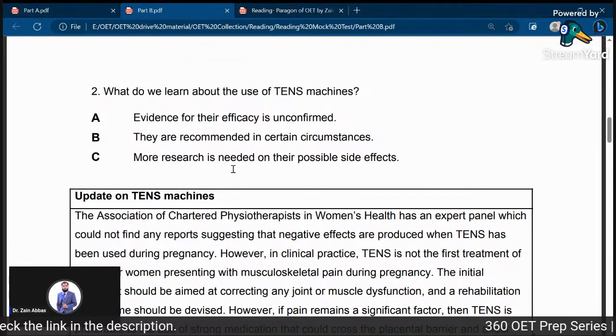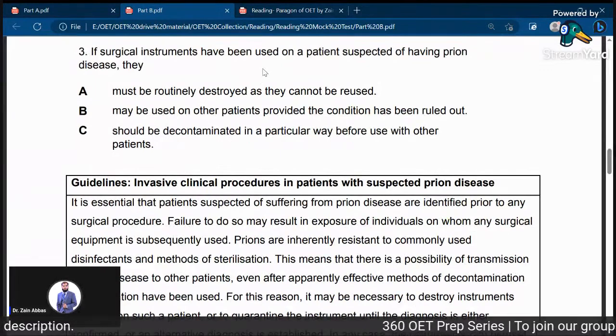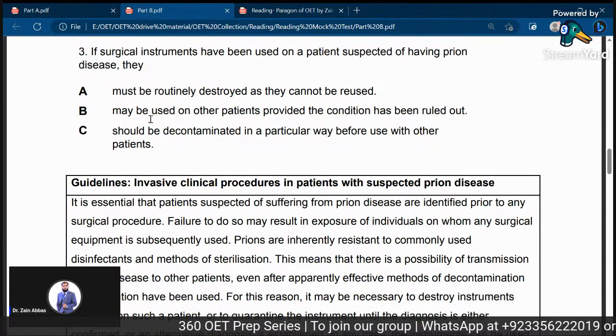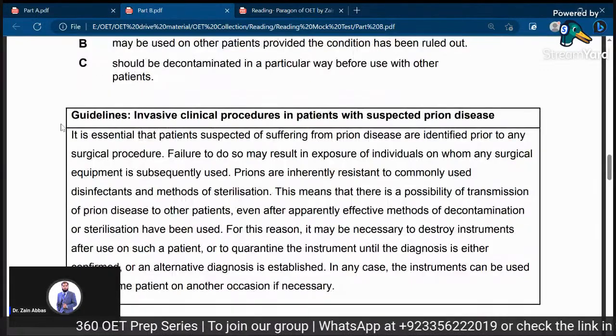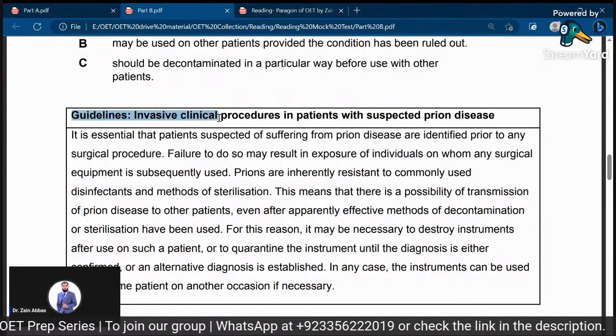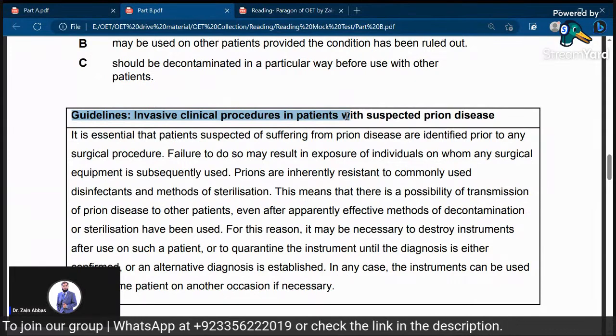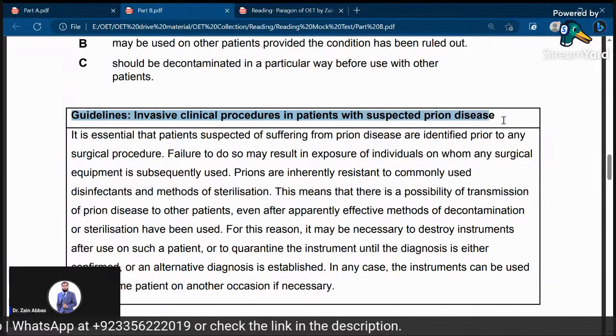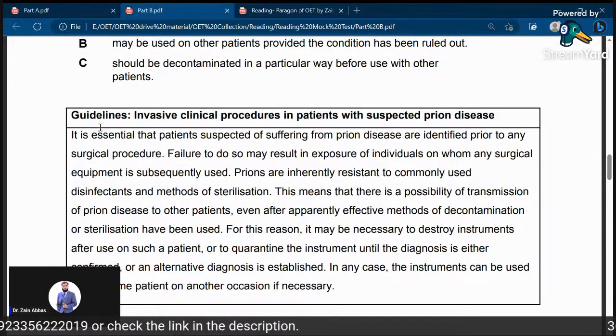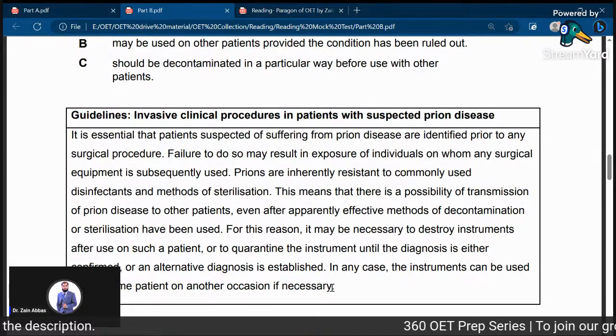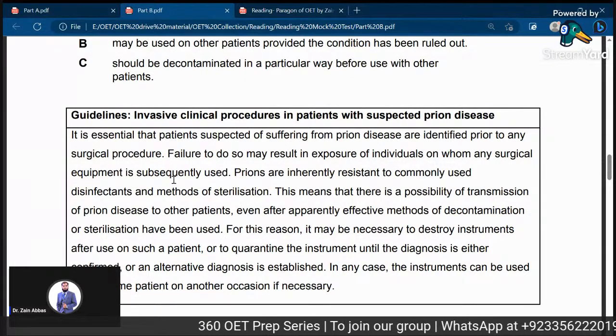The last one comes with: if surgical instruments have been used on patients suspected of having prion disease, they. So this is again a big paragraph here. Guidelines, invasive clinical procedures in patients with suspected prion disease, and this is the heading technique. And this is all about the skimming and scanning. There is one paragraph here, and now let us use the signal word technique.